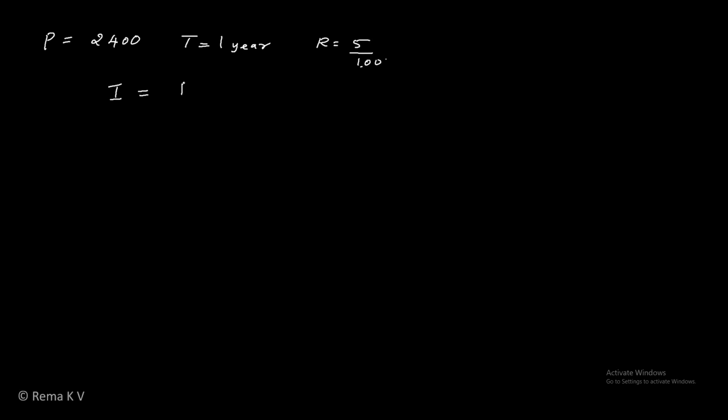I is equal to PTR by 100. So this is equal to P is 2400, time is 1 year, into rate is 5 by 100, or this we can write as 5%. So this is equal to, simplify this and give your answer.